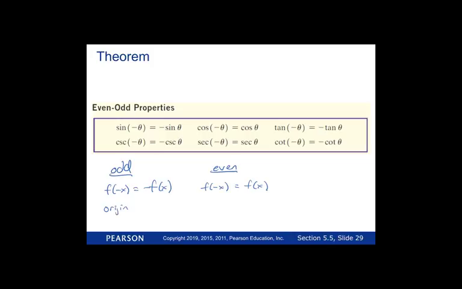Even means y-axis symmetry. When it's odd, you can essentially factor out the negative and pull it in front. When it's even, the negative disappears. That's what I'm going to say on that one.